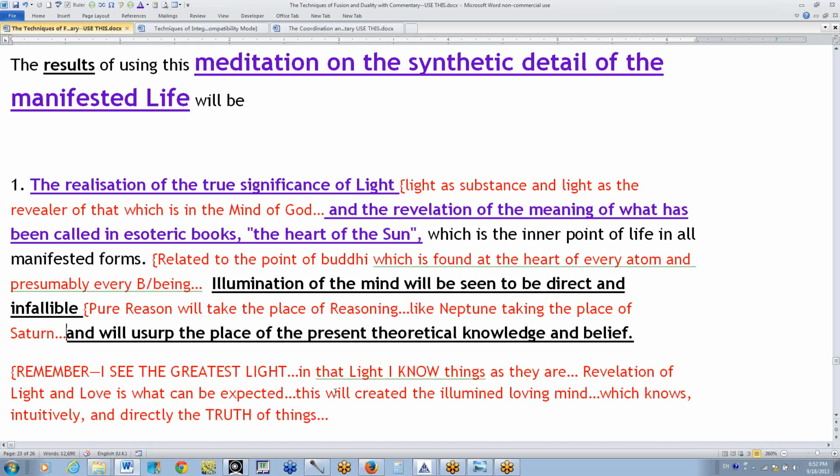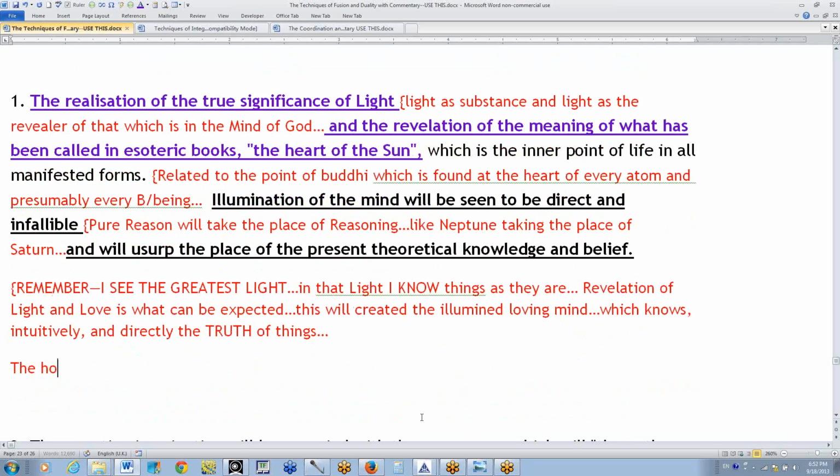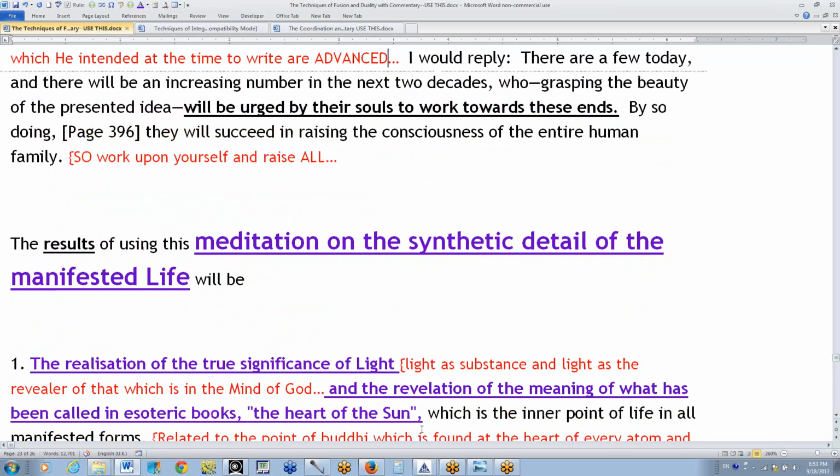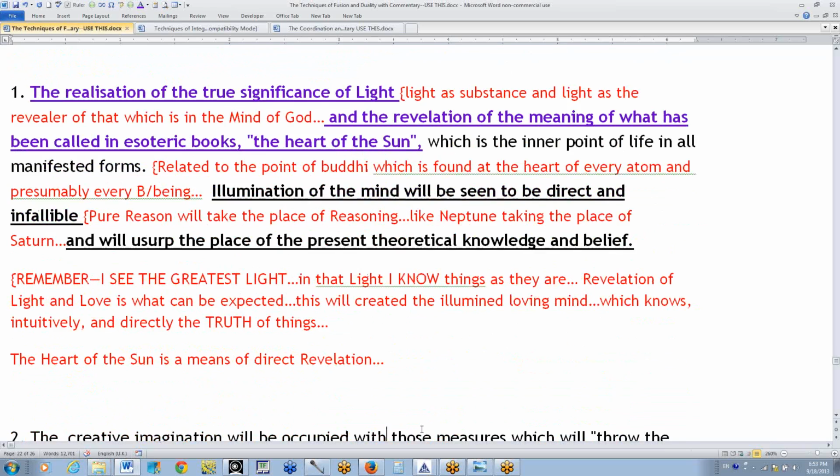So the heart of the sun is a means of direct revelation. So this will be one of the effects and results of pondering on inclusive reason and of trying to see all things in wholeness and in meticulous entirety simultaneously.